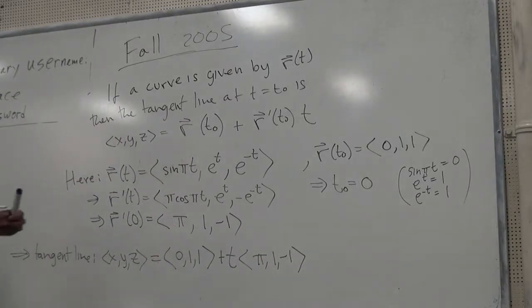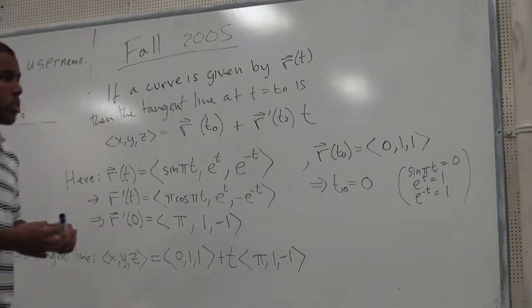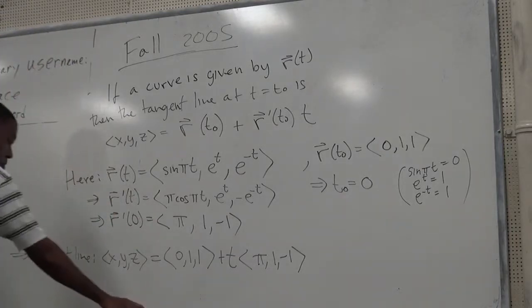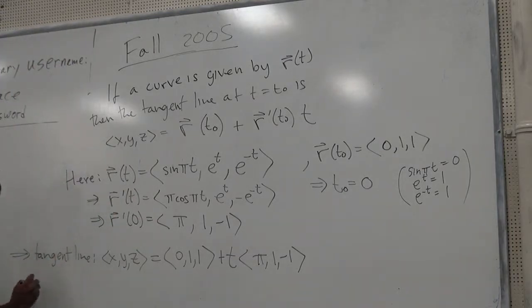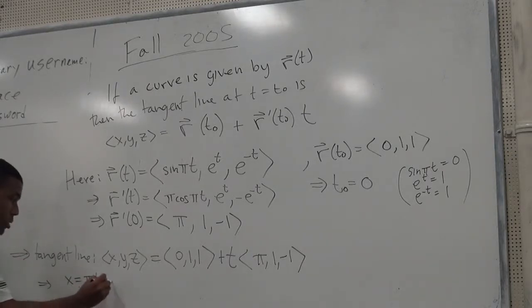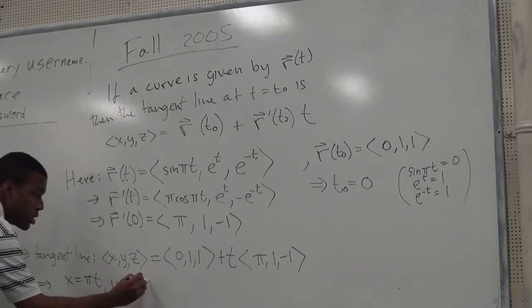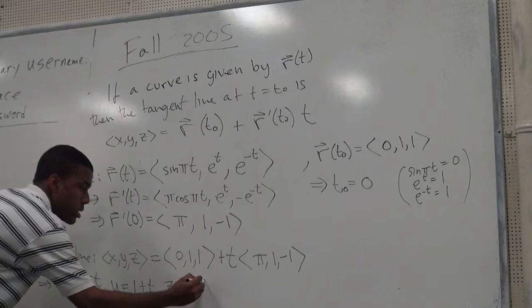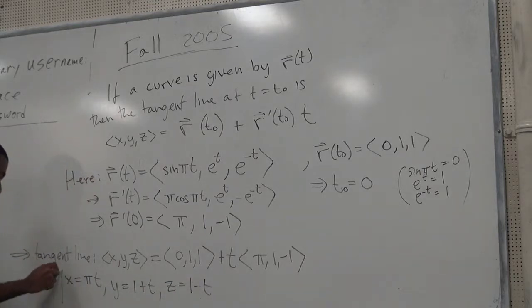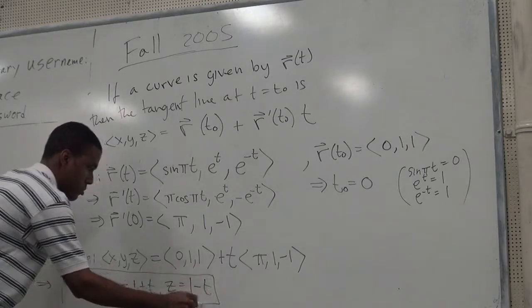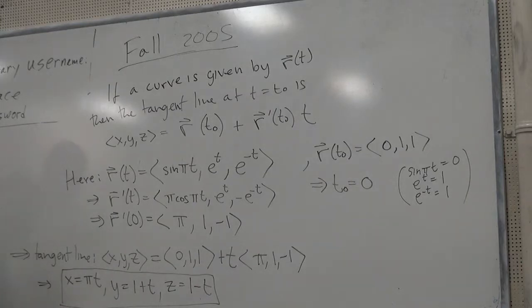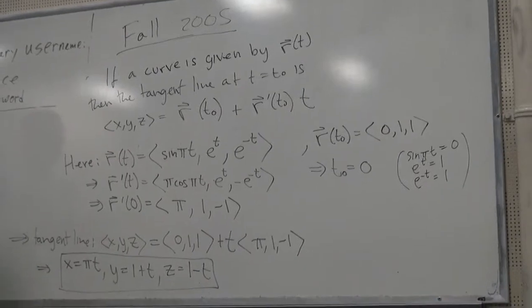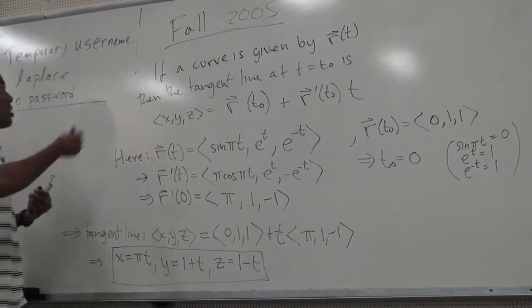They asked for the parametric equations of the tangent line, so they want it as x equals pi t, y equals 1 plus t, z equals 1 minus t. And that was part A.